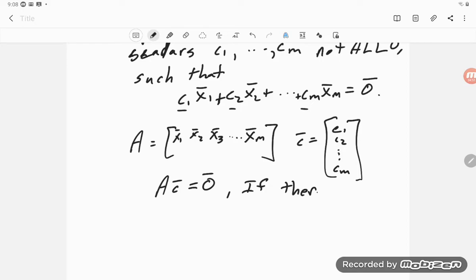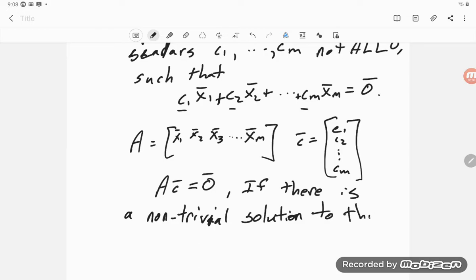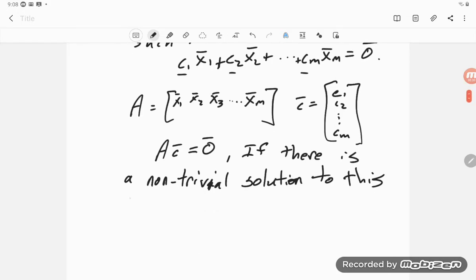If there is a non-trivial solution to A times C equals 0, then x1, x2 up to xm are dependent.